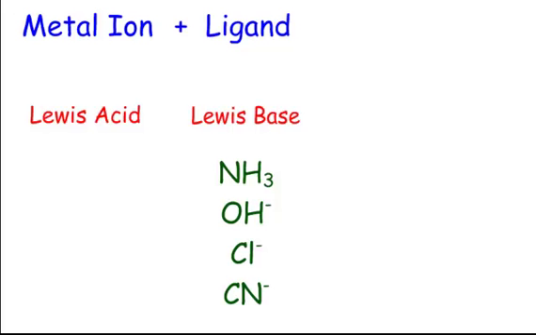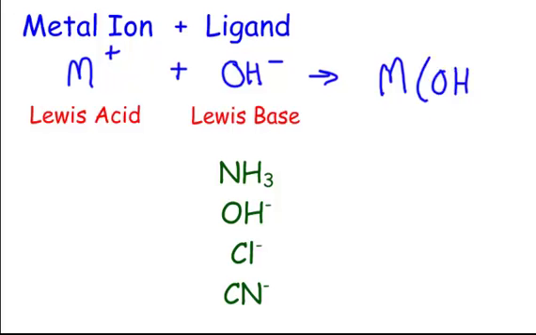Now, how are we going to do these reactions? We take our metal plus its charge and add our ligand to it, let's say hydroxide. We end up getting a complex ion, which is our metal with the hydroxide.